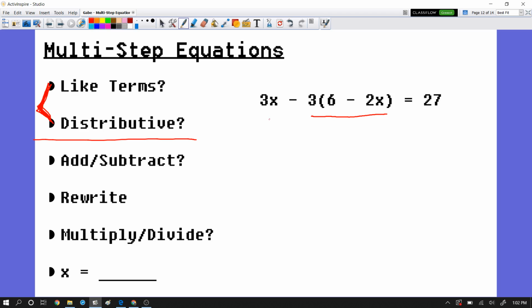Okay, so I'm going to rewrite everything I didn't underline, just like I would in an order of operations problem. 3 times 6 is 18. 3 times negative 2x is negative 6x. Okay, so do you see anything that could be like terms that you could put together?